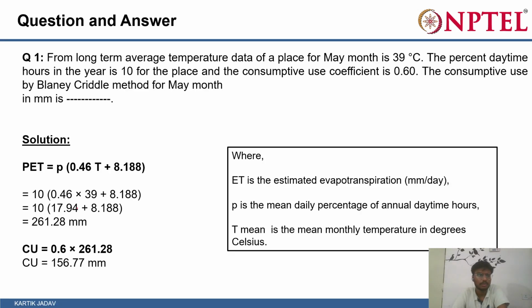Question number one: the long-term average temperature data of a place for May month, T mean, is 39 degrees centigrade. The percent daytime hours in a year is 10 for a place, and the consumptive use coefficient is 0.6. We need to measure the consumptive use in mm of that region.